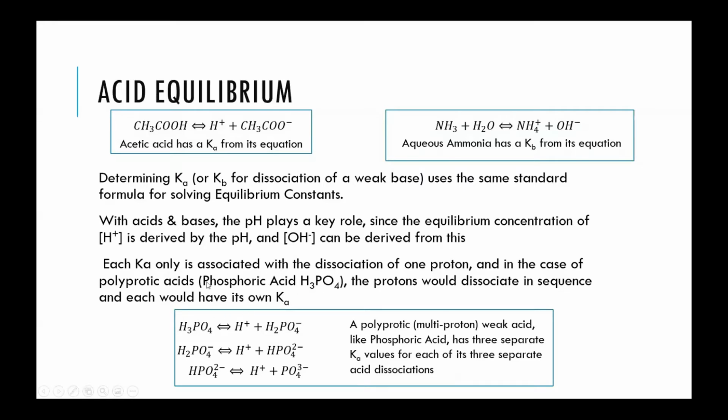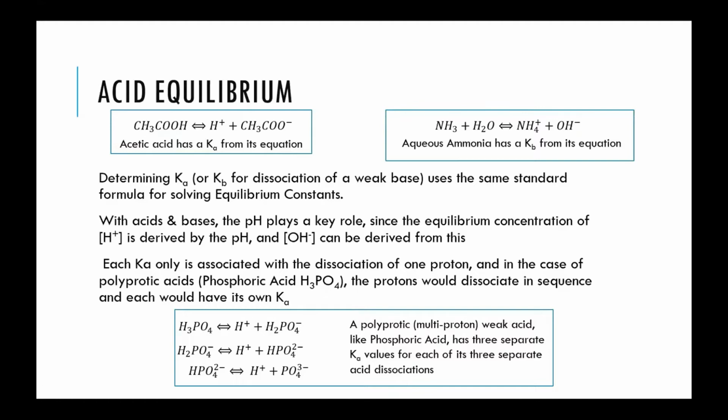There are also other types of acids, particularly weak acids, that are polyprotic. That means they have more than one proton, or more than one acid H+. And in the case of phosphoric acid, there are 3. The phosphoric acid molecule is H3PO4, and it's a weak acid.